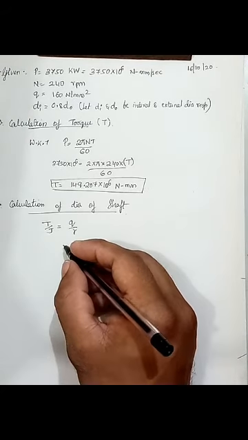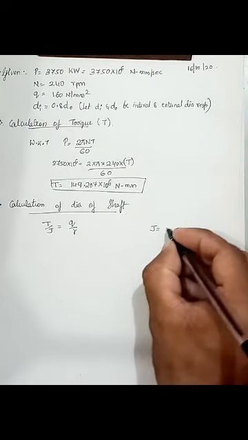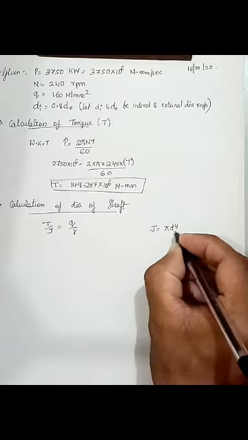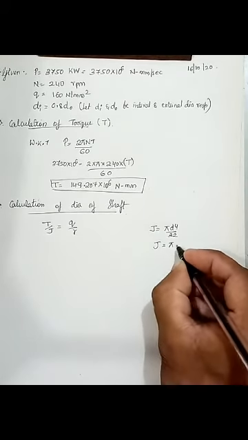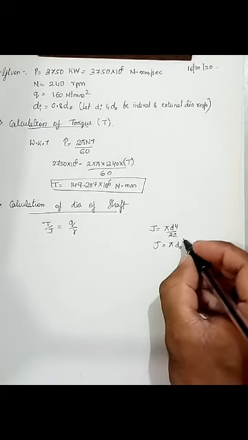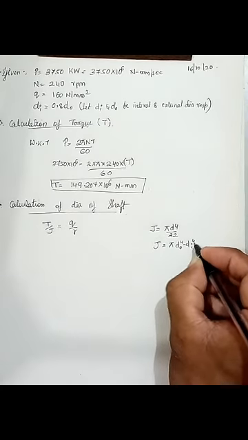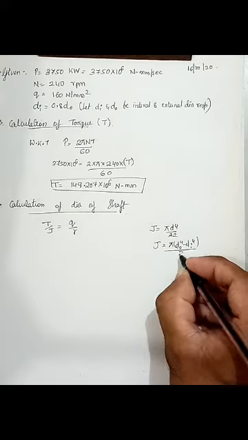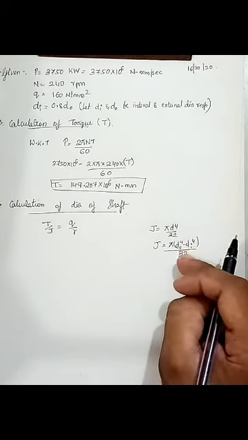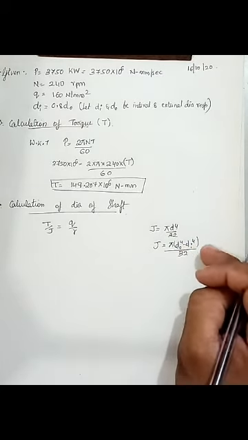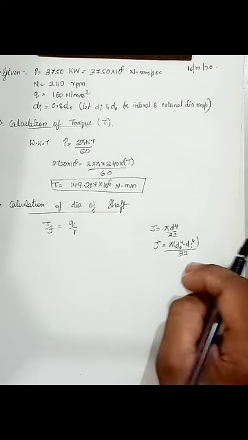Now what about J? J is actually pi d raised to 4 by 32, but here in this case it's pi into do raised to 4 minus di raised to 4 divided by 32, or pi do raised to 4 by 32 minus pi di raised to 4 by 32. I have taken pi by 32 outside common.